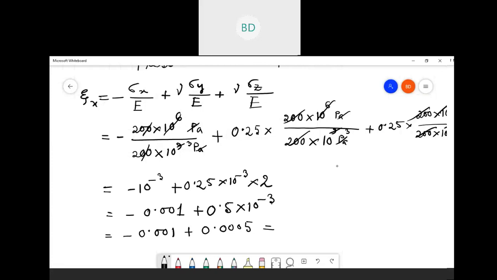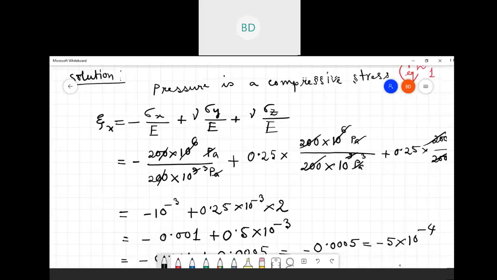Subtract it, and you will get minus 0.0005. Ultimately you are getting 5 into 10 to the power minus 4. Fine, so that is your strain in the x direction.